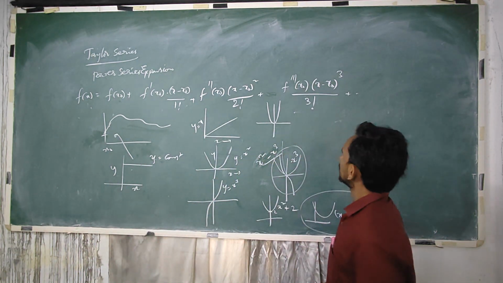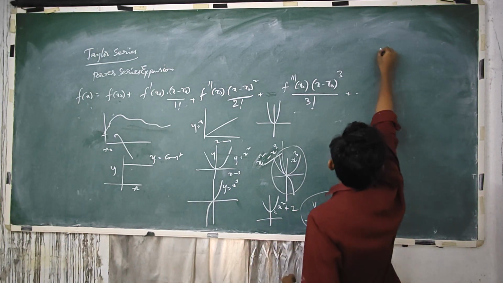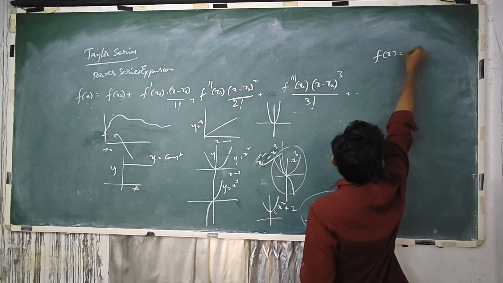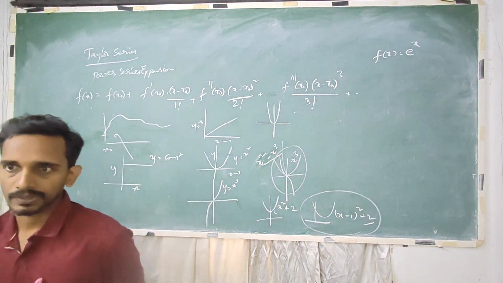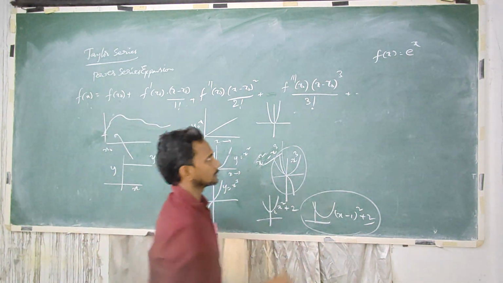Okay. So let's say, for example, I'm taking e power x and my origin is 0.